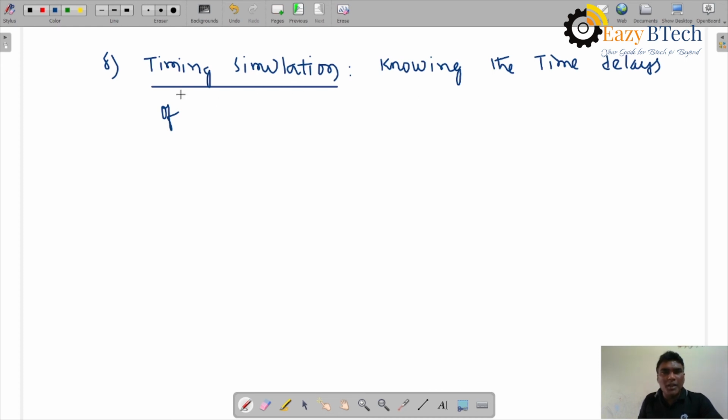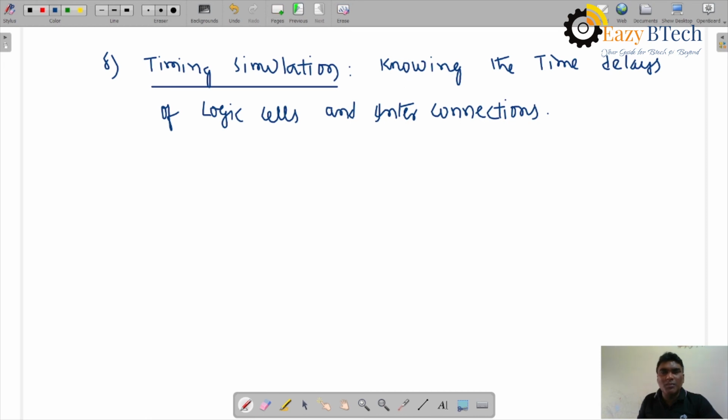So knowing the time delays of all the logic cells and interconnections. How much time delay is taken? This is all about timing simulation.